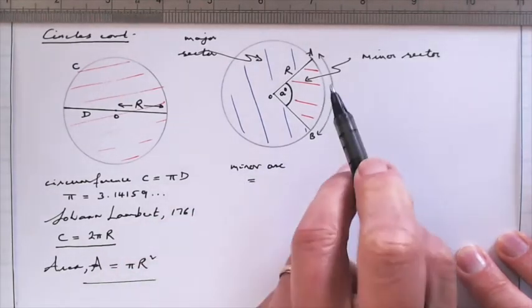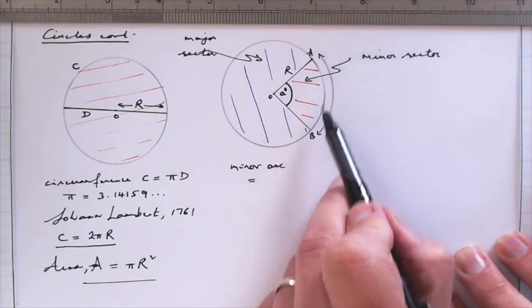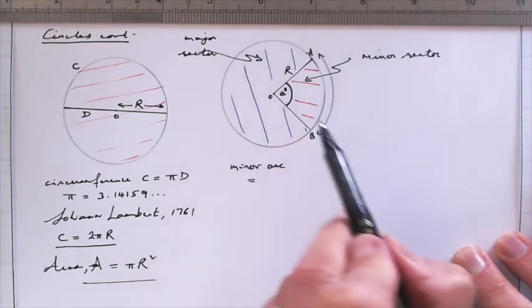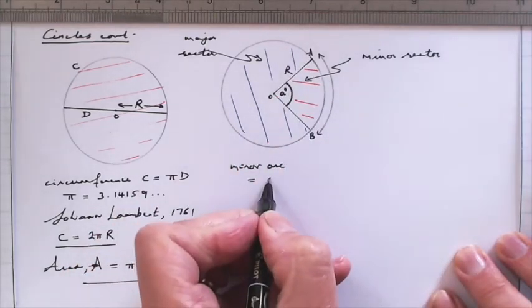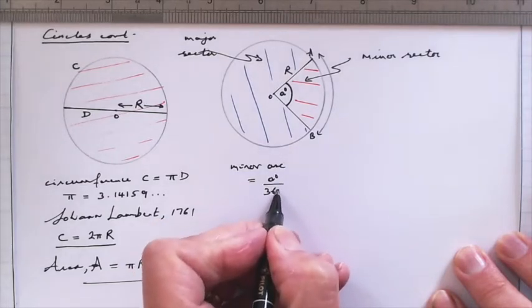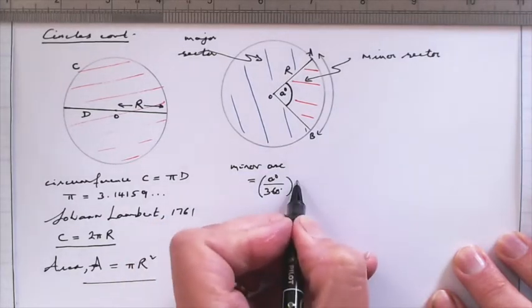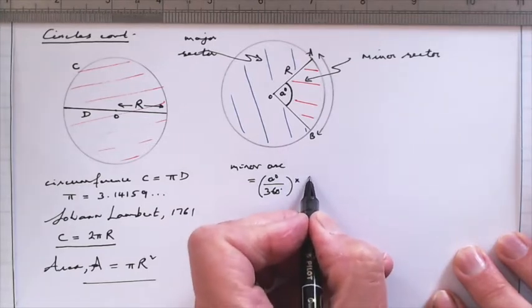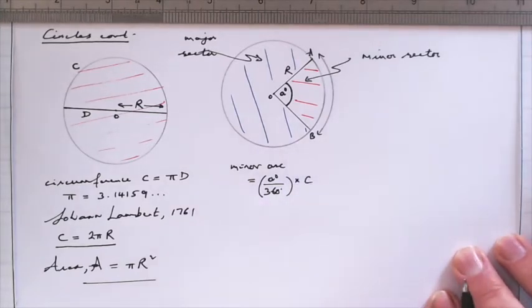And its length is a fraction of the circumference, and the fraction is A degrees divided by 360 degrees times the circumference. And let's always remember the circumference is 2 pi times the radius. Okay.